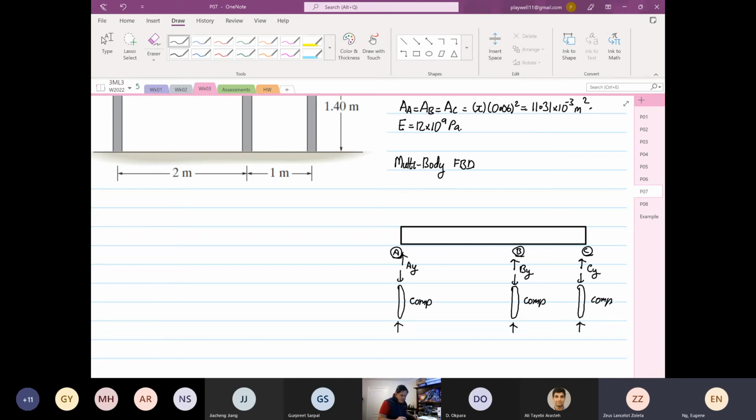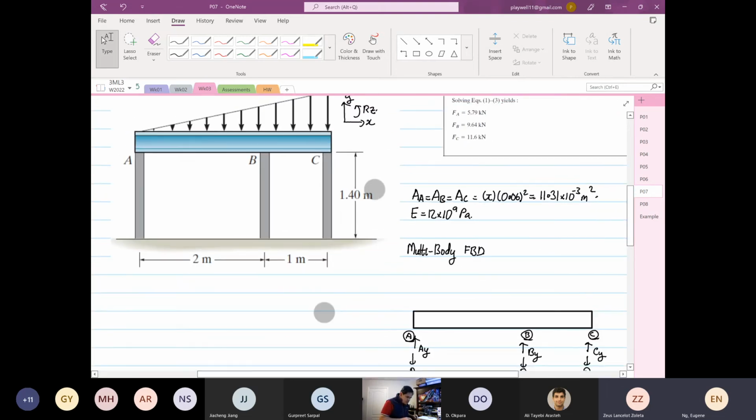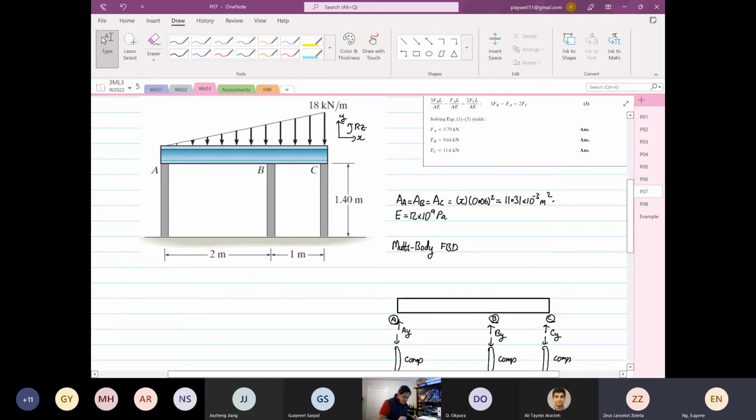Then the next thing is you have a triangular load over there, right? And a triangular load, again, this is from week 1. So this is our equivalent load. This is equal to half the base, which is 3, and the height, which is 18 times 10 to the power 3.